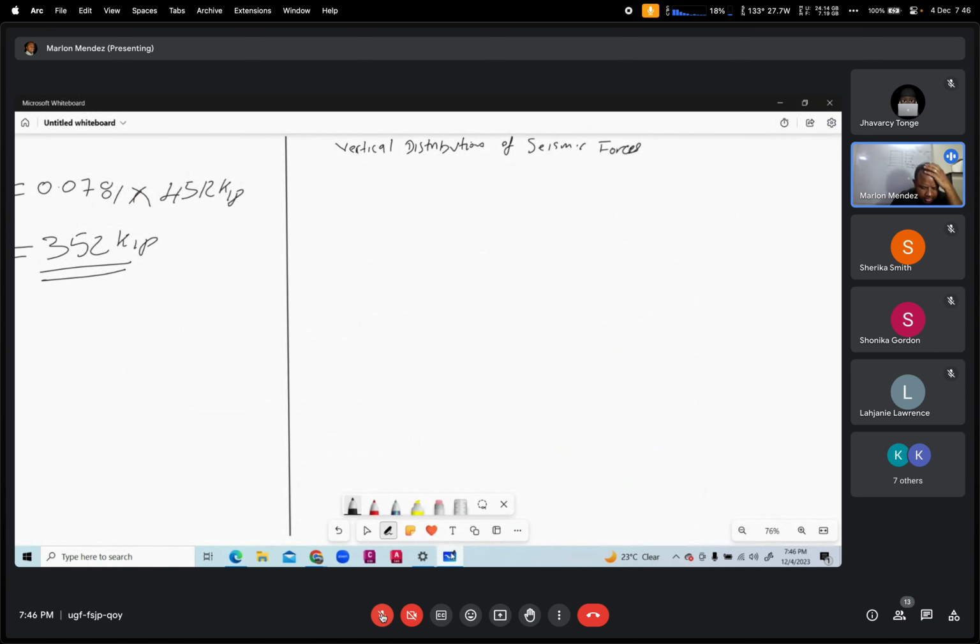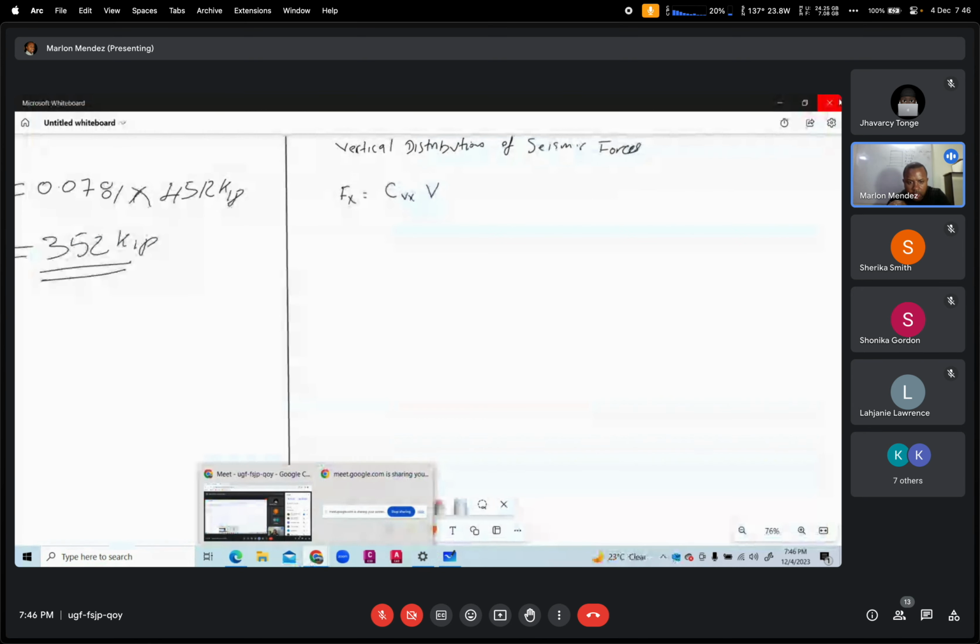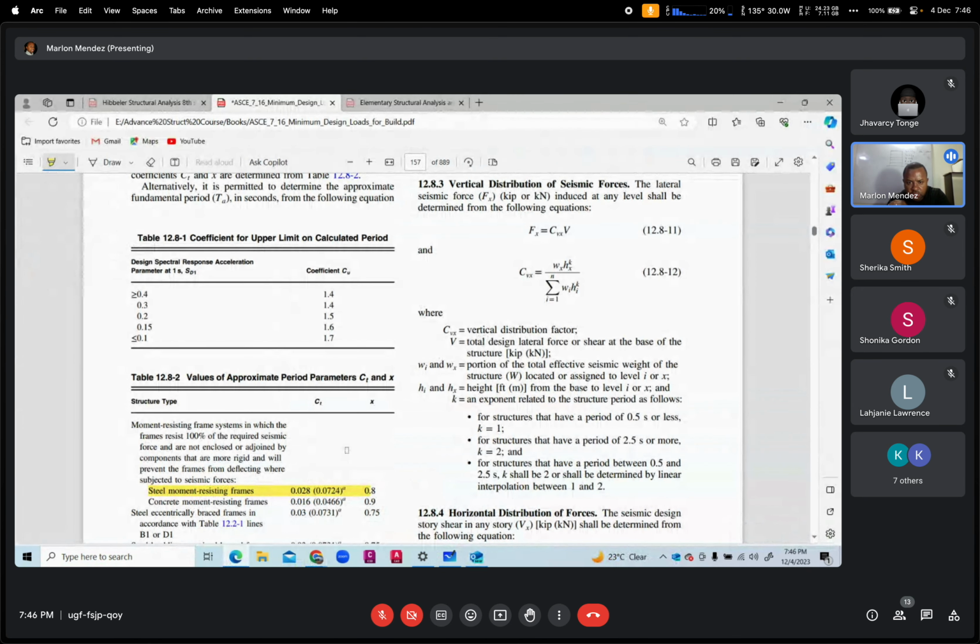The story shear force, which is denoted by Fx in each story, is Cvx times V. This Cvx is called the vertical distribution factor.